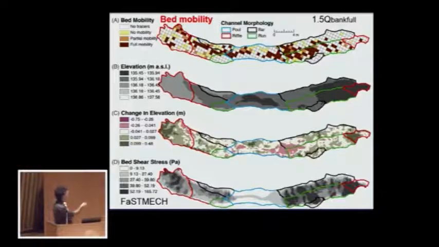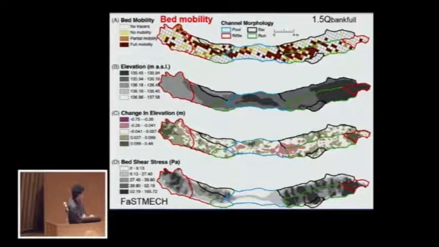This is the topography of the channel. These are the high areas and the low areas. And here we have a detailed map of the net change in the channel in terms of scour and fill. You can see quite a large area of the channel experienced zero change over the floods, but other areas experienced either erosion or deposition.